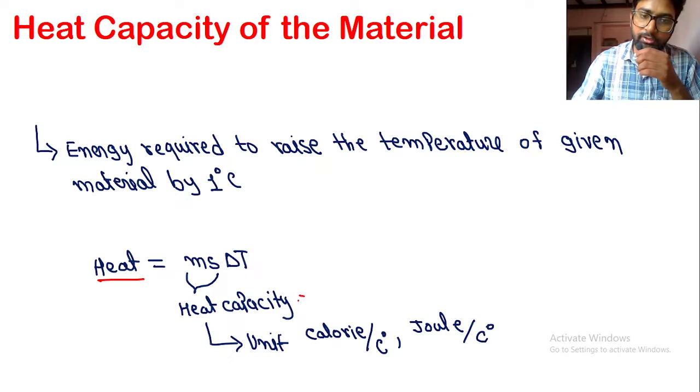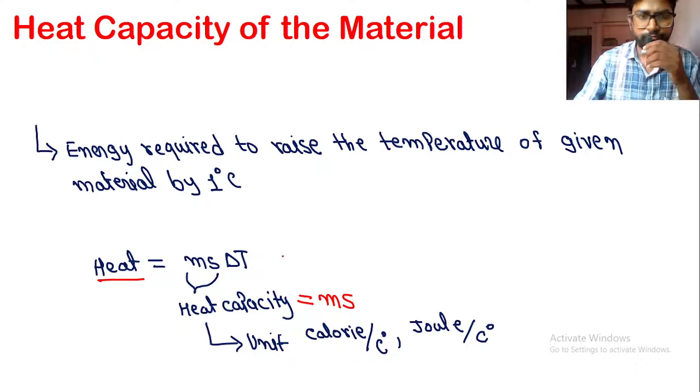The heat capacity equal to mass into specific heat of the material. In bookish language, the energy required to raise the temperature of a given material by 1 degree Celsius is called the heat capacity of the substance.